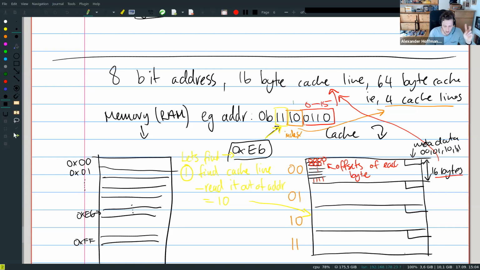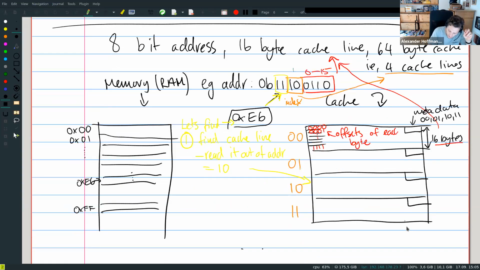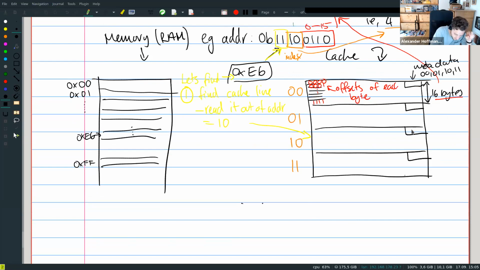So for instance, if we wanted to see if E6 was in the cache, we would just check this metadata and see the tag here, to compare tag. Compare the 0xE6 tag to the cache line metadata.